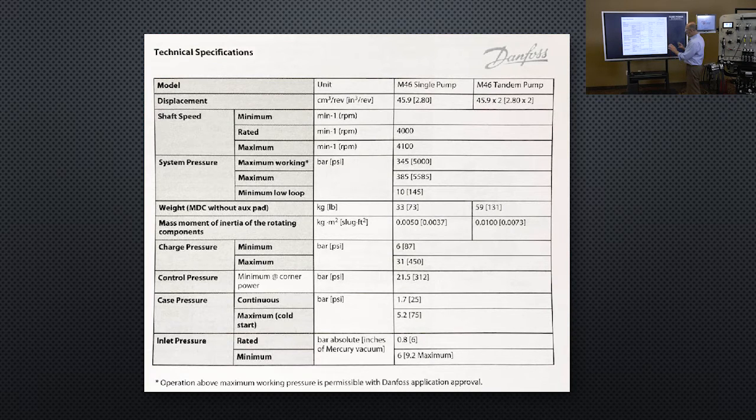Now, this information is for the consumption of the hydraulic system design engineer. In other words, if an end user, a manufacturer, purchases a Danfoss pump, Danfoss's engineers recommend that when the company puts that hydraulic pump into service in their piece of equipment, the design engineer's responsibility is to make sure that the pump conforms to the specification.